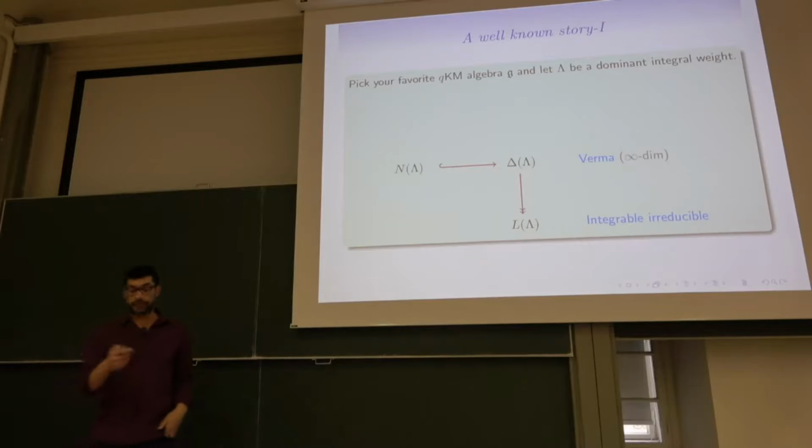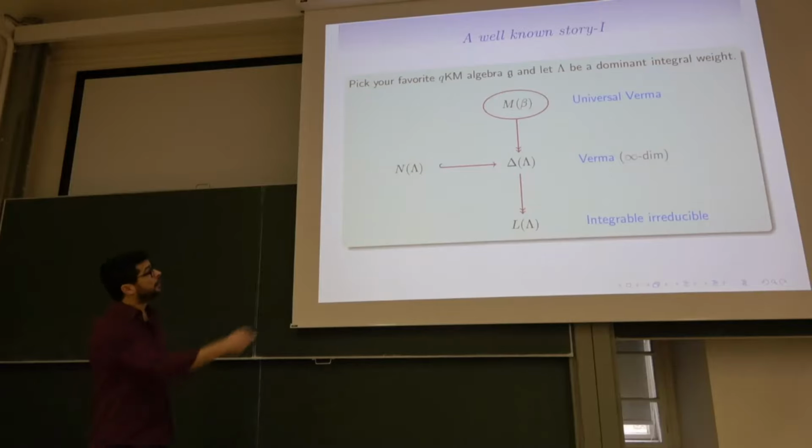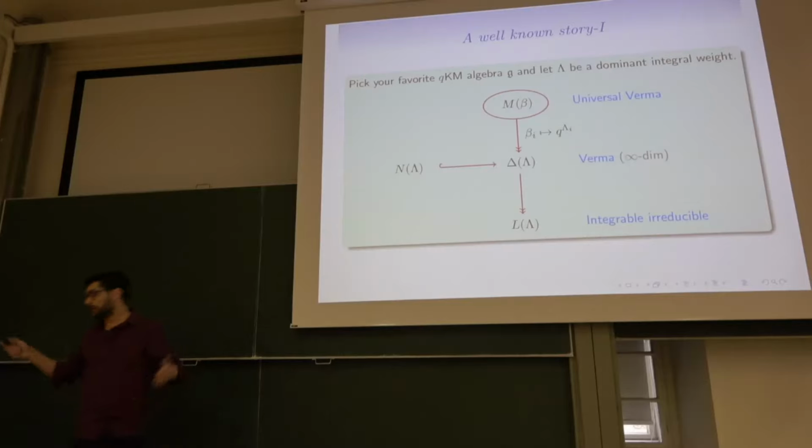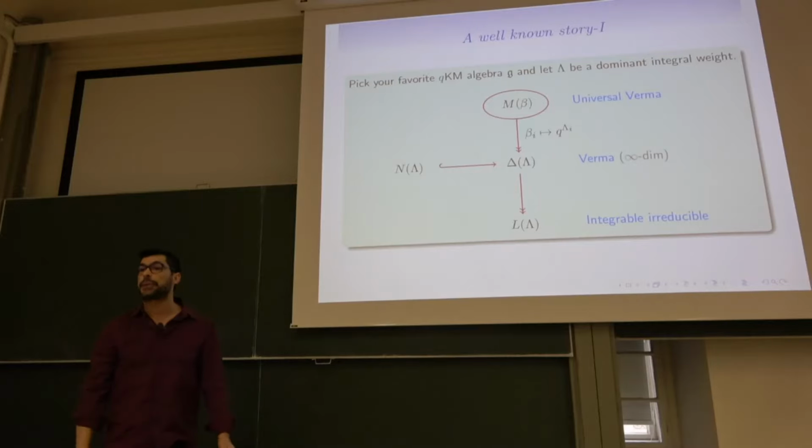We can define what is called a universal Verma module. This universal Verma module is one Verma module that projects to all Verma modules by specialization of the weight. So here your weight is integral, like here for your Verma module, and here it's complex, so q goes to some complex numbers.